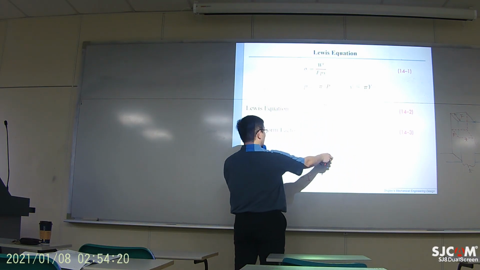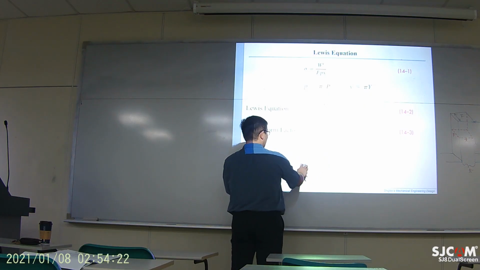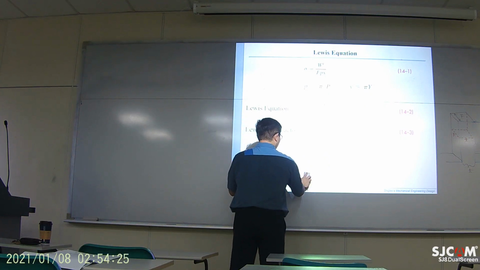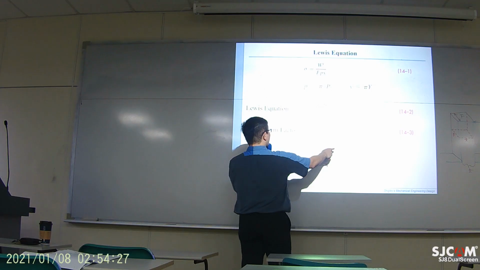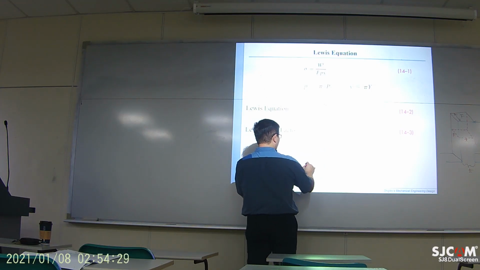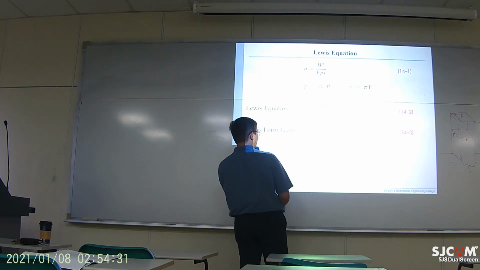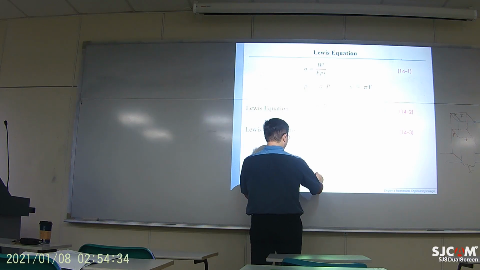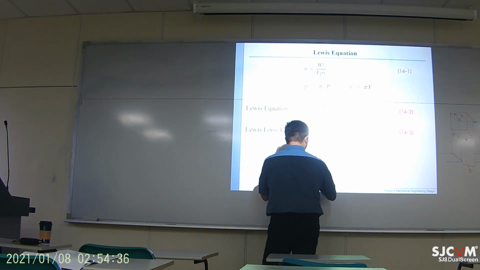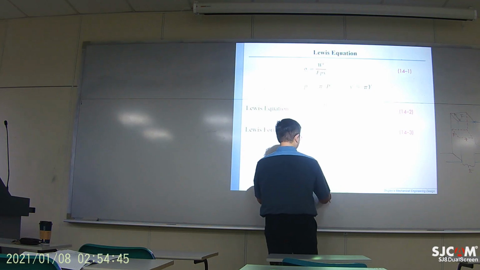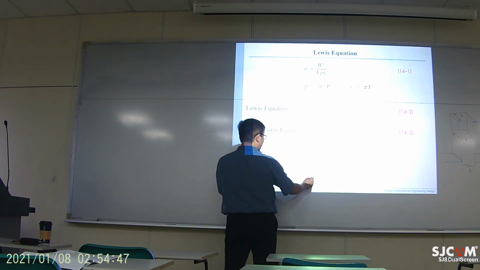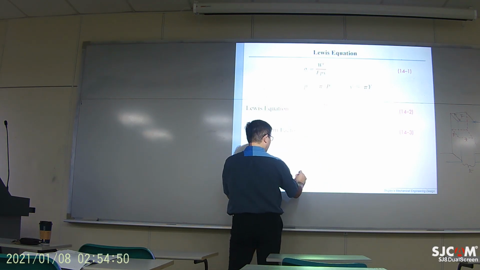So when I plug in, do it again. Small p is 2x over 3y. Then big P is now 3y pi over 2x, and big P equals 3y over 2x.